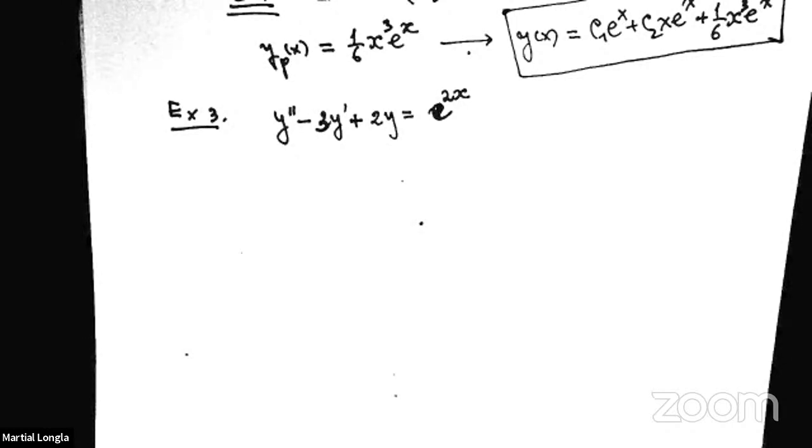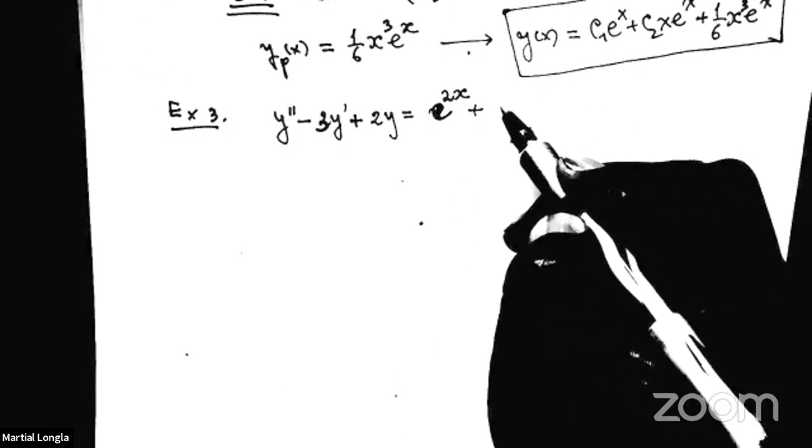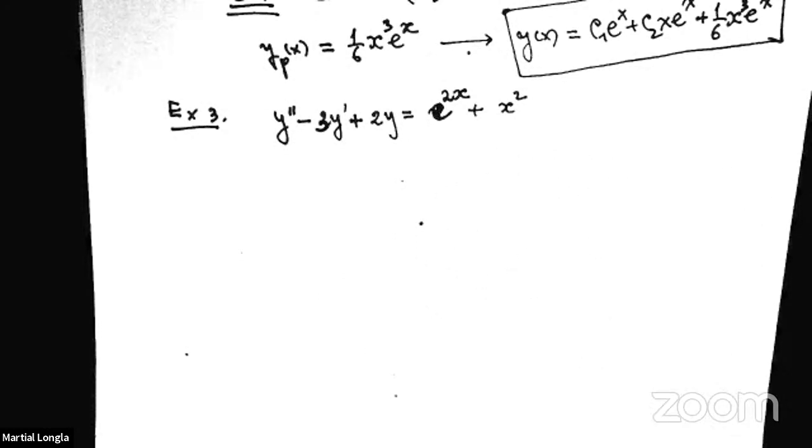Let's say we have a problem of this kind, y double prime minus 3y prime plus 2y equals e to the 2x plus x squared. So this is our problem.